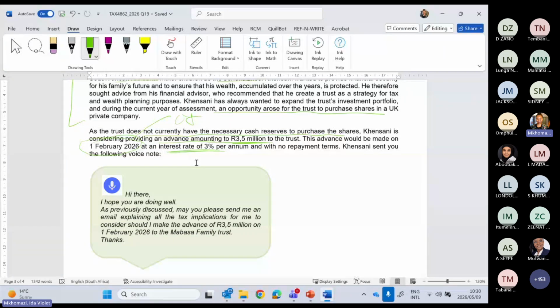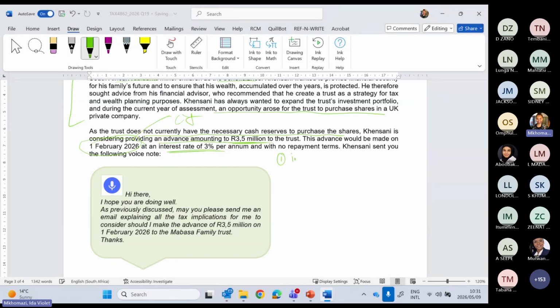Remember that in the required, they said, give us the tax implications for Kensani, which is an individual. The first thing that I will think about for Kensani, since Kensani is providing a loan, is that he will potentially receive some interest income, right?